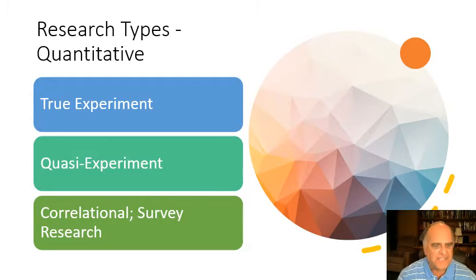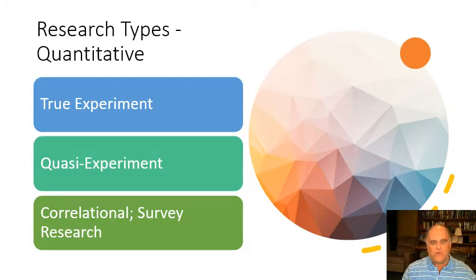In a quasi-experiment, we still have interventions or treatments, but the individuals are not for sure randomly assigned into the treatments. Usually they're intact groups. For example, maybe we have two classrooms and we give one classroom our training and we don't give the other classroom our training.